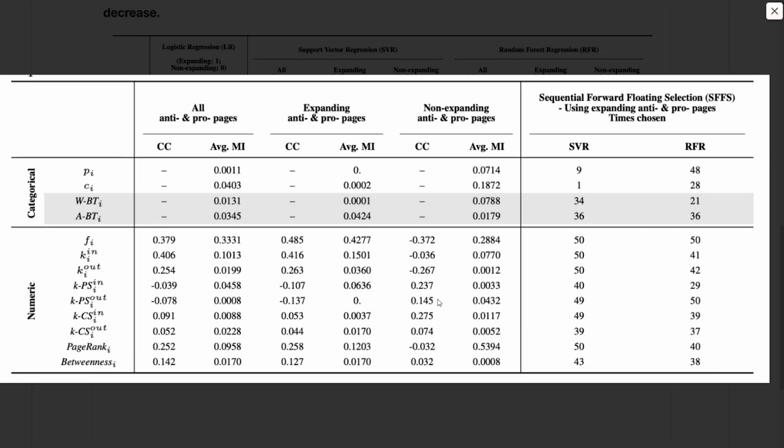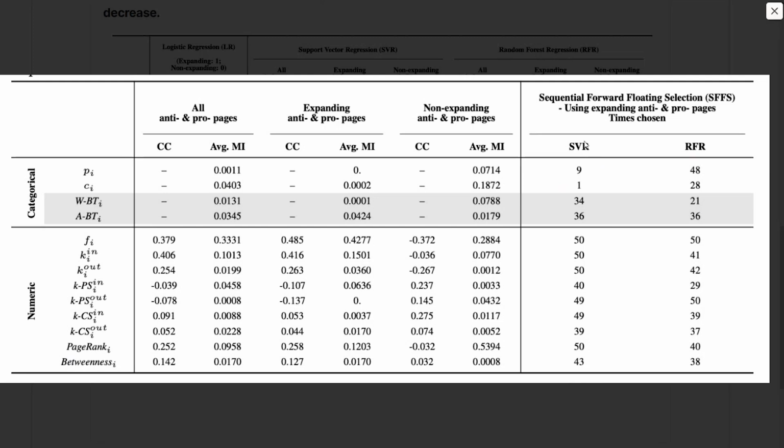And because we are also doing the machine learning models, we finally did sequential feature selection so that we can see what is the optimal set of features when we do the machine learning model prediction. It turned out that both within group bow tie structure and across group bow tie structure features sort of outperform other features, maybe not that uniformly.